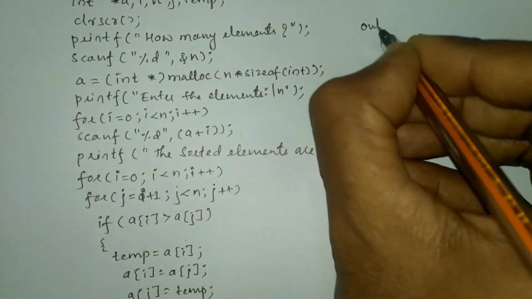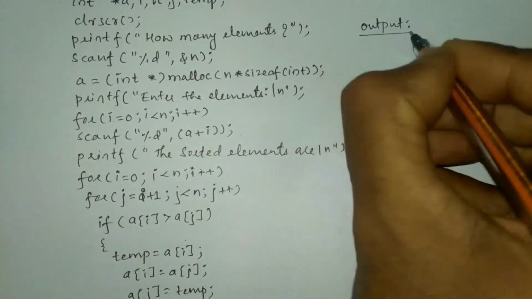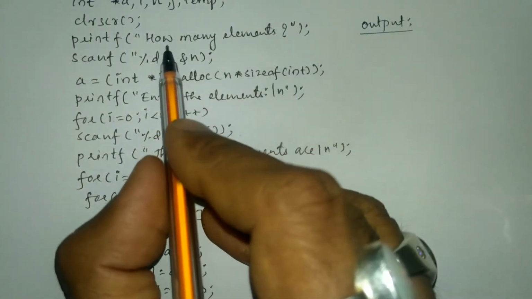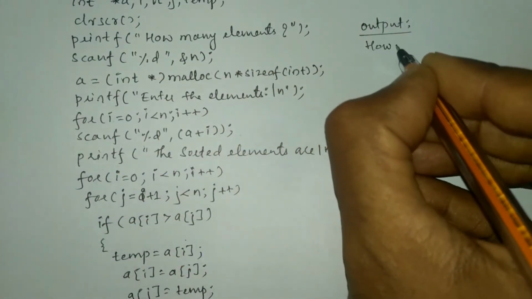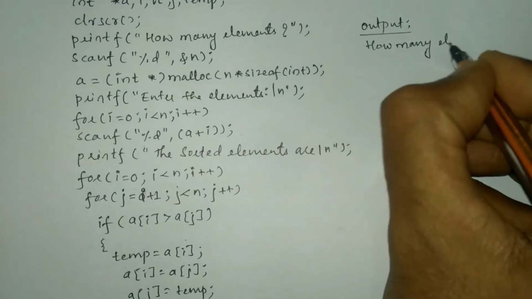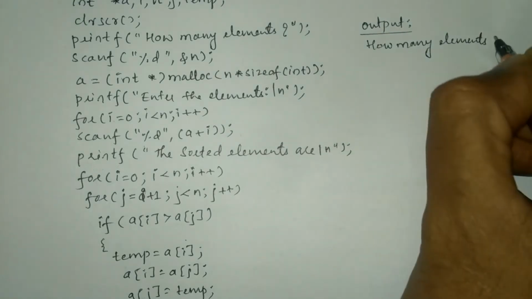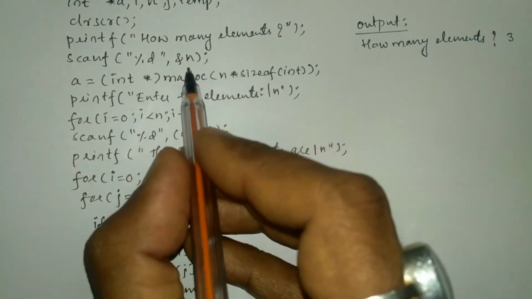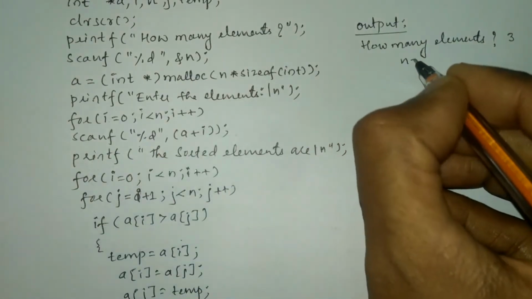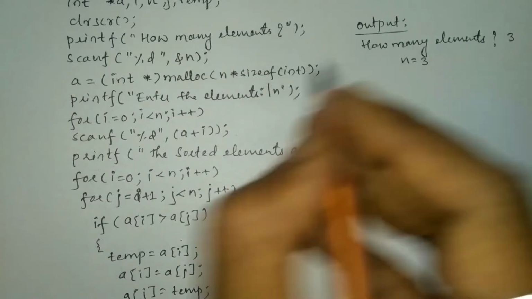So let me write here output. When we compile and run the program, it will ask the user how many elements. For example, in this case, I'm going to enter 3. So after inserting 3, now n is equated with value 3.